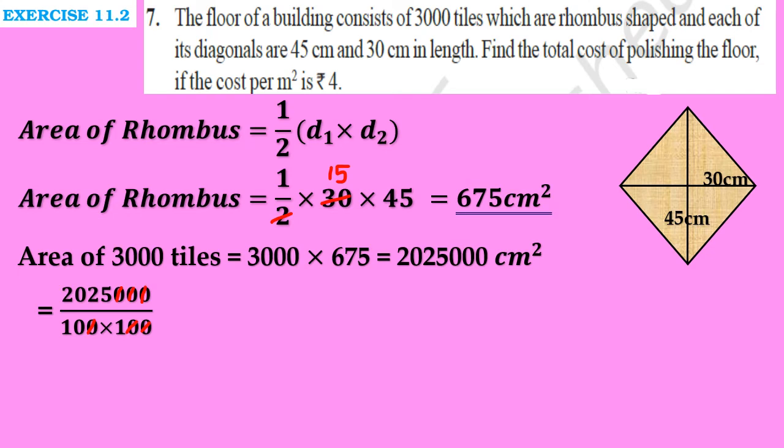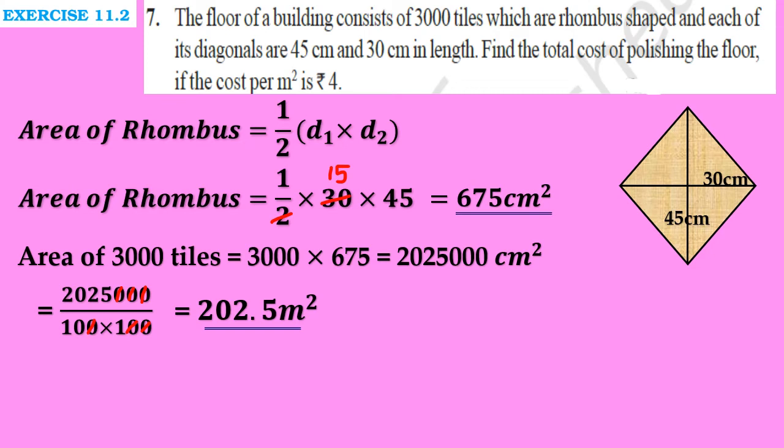Similarly, if you want to convert meter square to centimeter square, then you have to multiply by 100 into 100. So do remember this. So this is 2025 by 10, so one decimal place. So 202.5 meters square. That is the total area of the 3000 tiles.